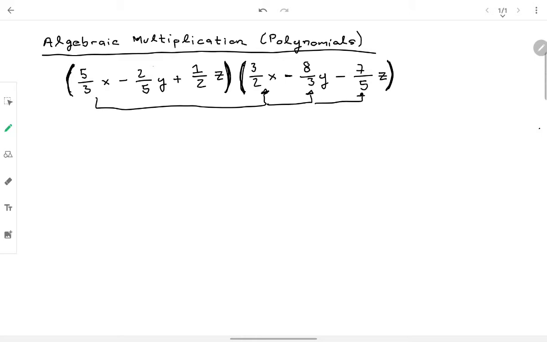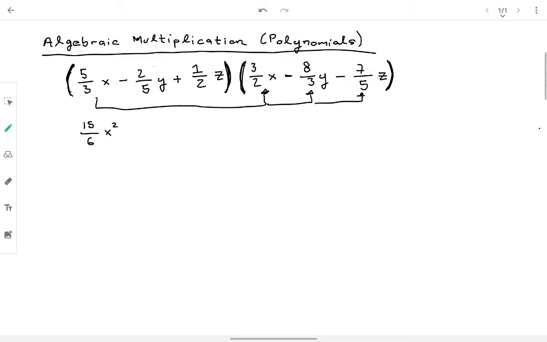Remember, for multiplying fractions, we multiply the top part and the bottom part. So it will be 5 times 3, it's 15 over 6 x squared. You can also do the simplification of the fractions first and then multiply. It's up to you. I will do in this case first the multiplication, then the simplification.